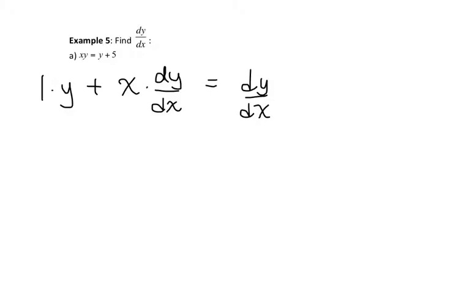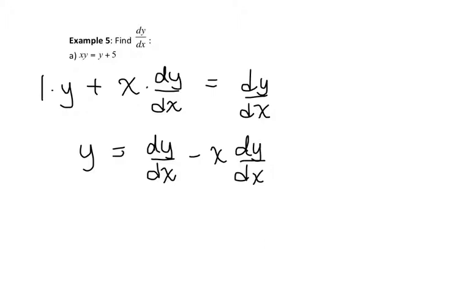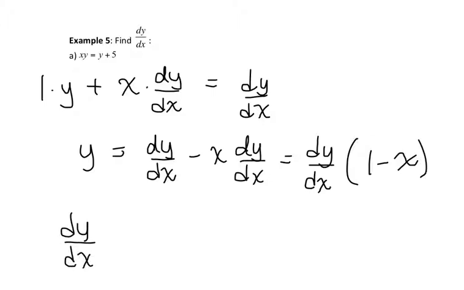Okay, we're going to isolate our dy dx's, so that's going to give us 1 equals dy dx minus x dy dx. Well, we can factor out the dy dx and get 1 minus x, so dy dx in this case is equal to y divided by 1 minus x.